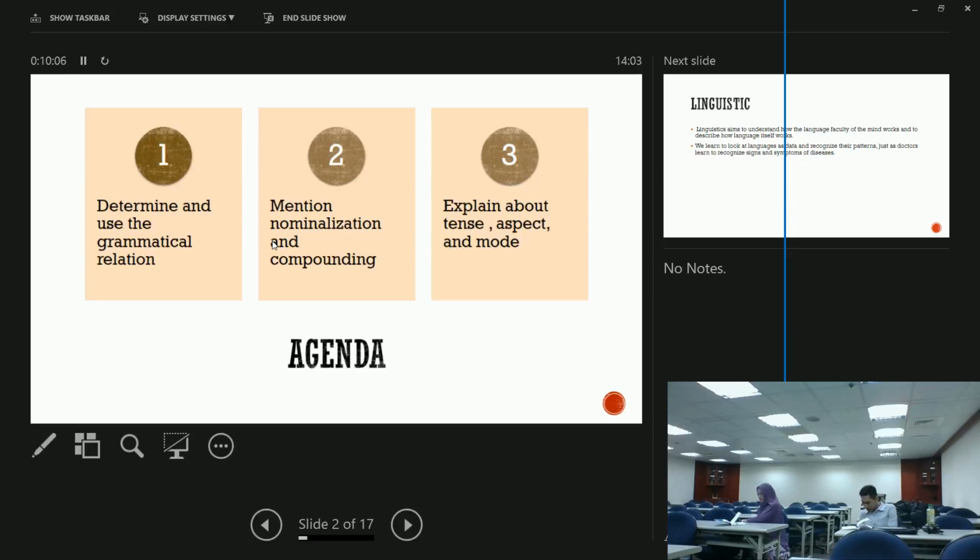Itu adikku yang beli. Ya udah buang aja.